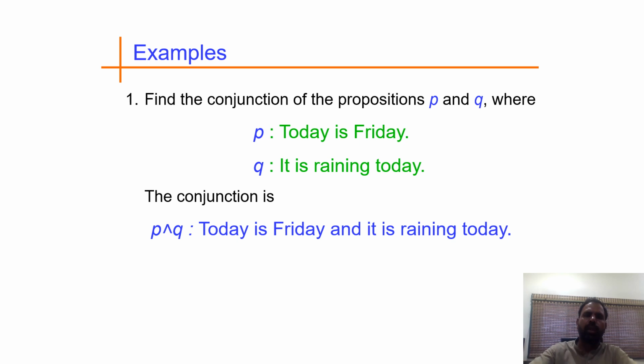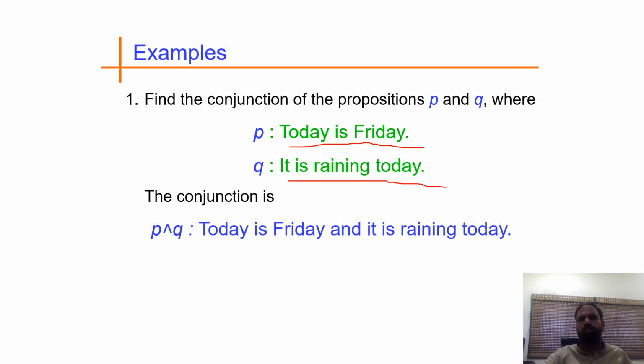For example, find the conjunction of the propositions P and Q, where P is, today is Friday, and Q is, it's raining today. If we want to find the conjunction of P and Q, we can say that today is Friday and it's raining today.